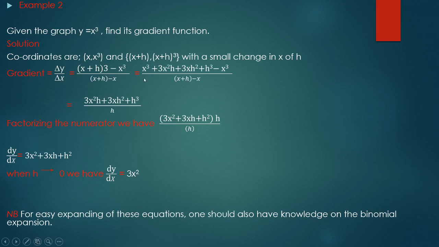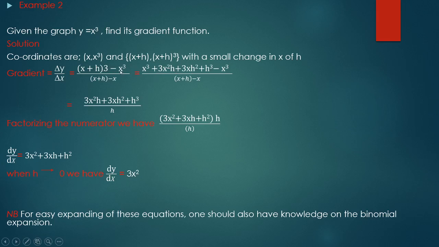So you need to know the coefficients. The coefficients, we have 1, 3, 3, and 1. And therefore, we use those coefficients and expand as we learned in Form 3, and therefore (x plus h) cubed becomes x cubed plus 3x squared h plus 3x h squared plus h cubed.